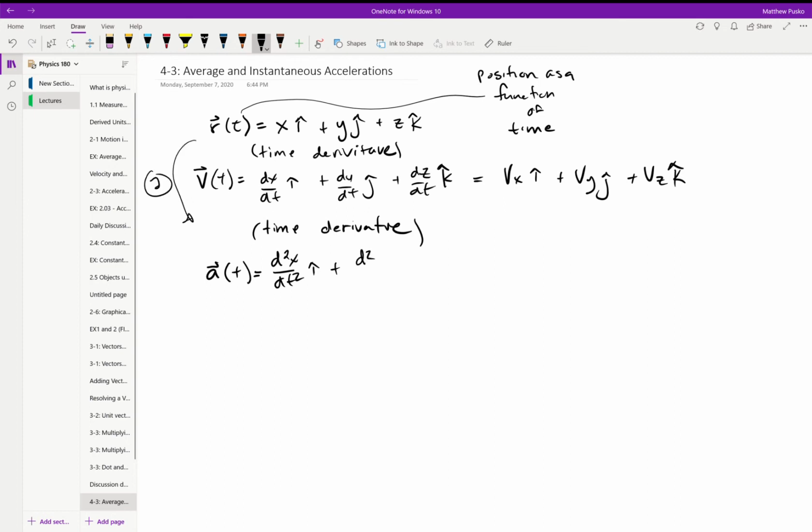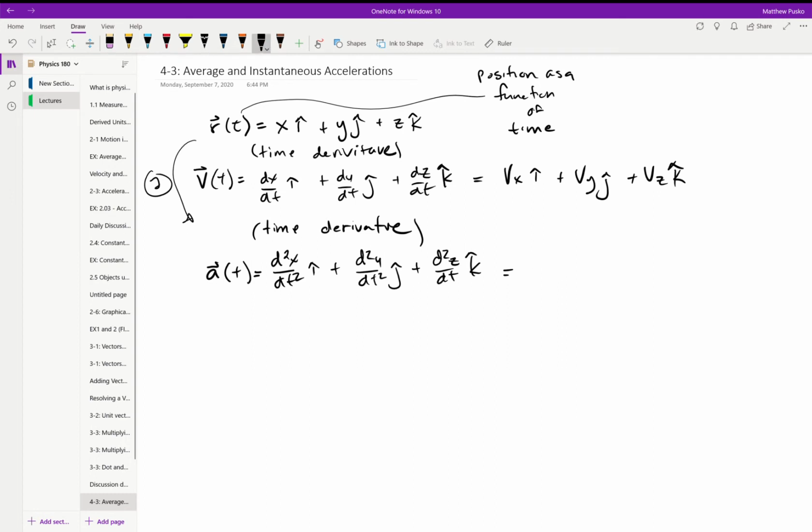The second derivative of y with respect to time, and the second derivative of z with respect to time. We can rewrite that as the first derivative of velocity with respect to time. And we need to put an x subscript on there.